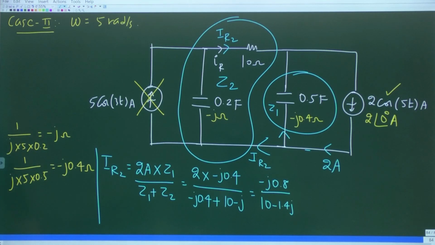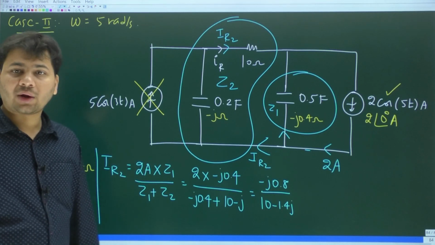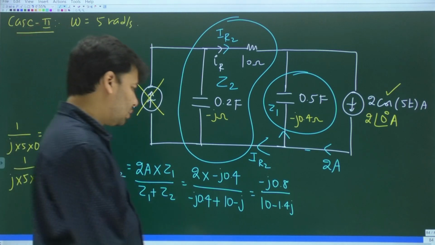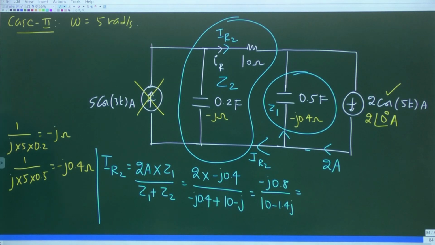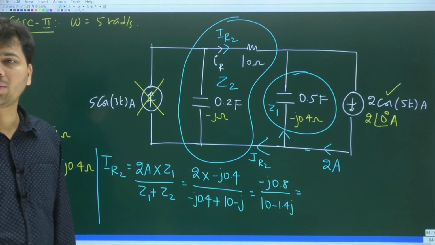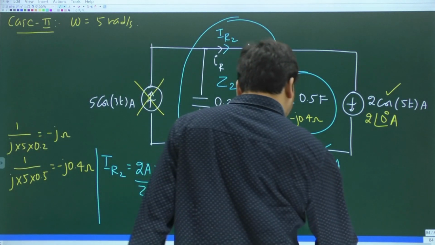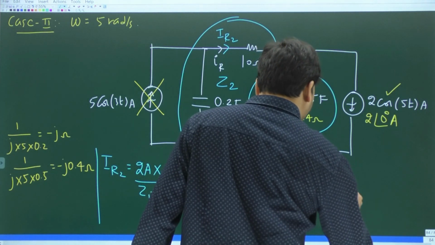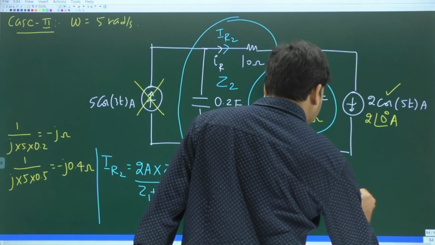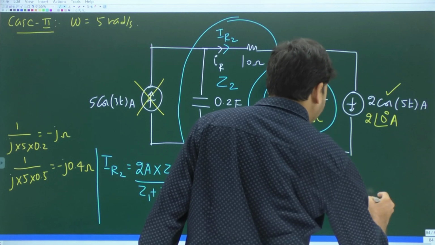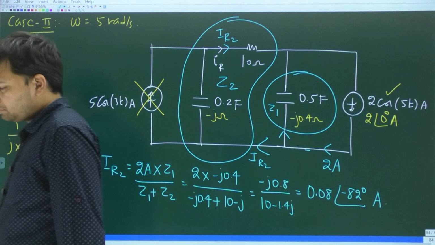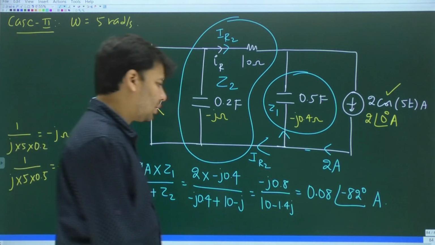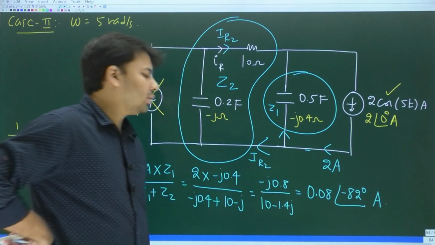So this capital IR2 in its polar form is going to be 0.08 at an angle minus 82 degrees amperes. Of course, amperes. Okay, so that's all.